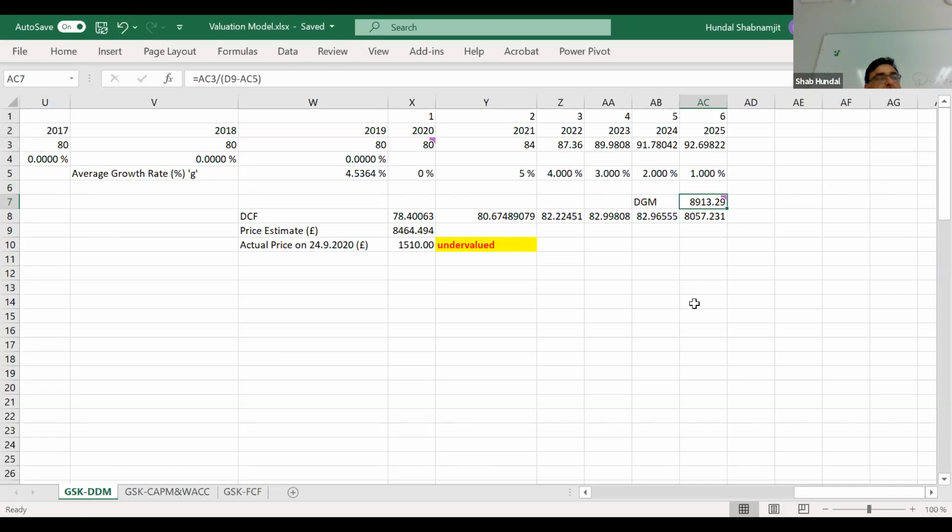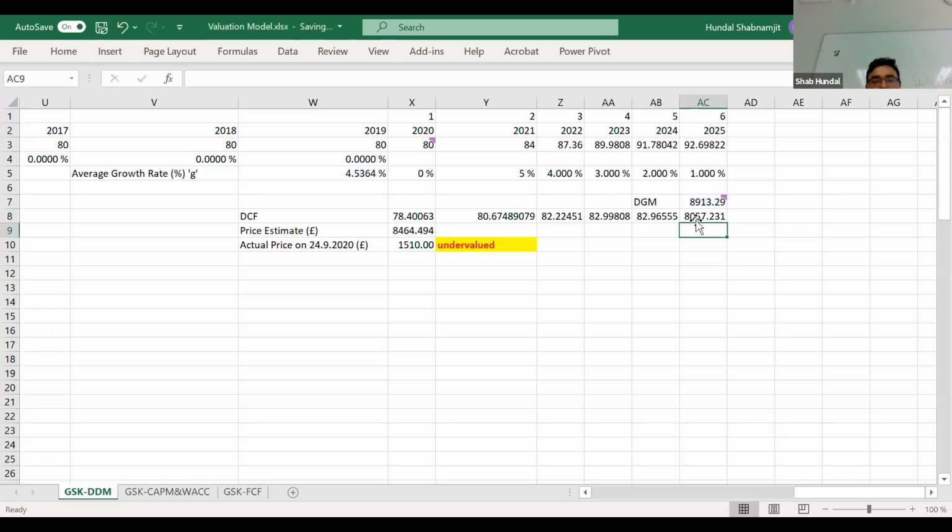In 2025. But we want to find the present value of this. And then we discount it as usual, as before, at the rate of discount. But remember, we are yet to solve the mystery of 2.04. Even though we have done it last time, I still want to go again, don't worry. But remember this 2.040, this D9 cell, we are yet to solve the mystery, but no worries.